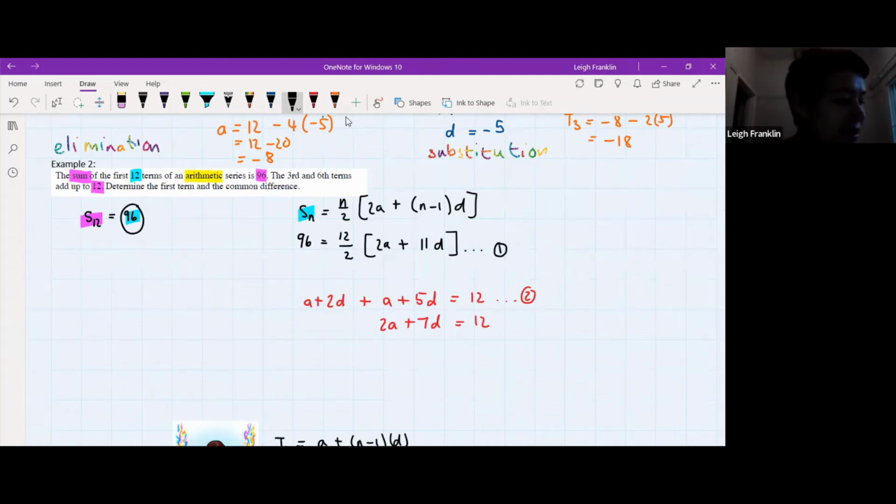And if I say 96 and I divide that by 6, I'm going to end up with 16. So is everybody happy with that? I've divided both the left and the right-hand side by 6. So I've got 16 is 2a plus 11d. Any questions? How did we get step 2? You mean this equation over here, CPC Claire?